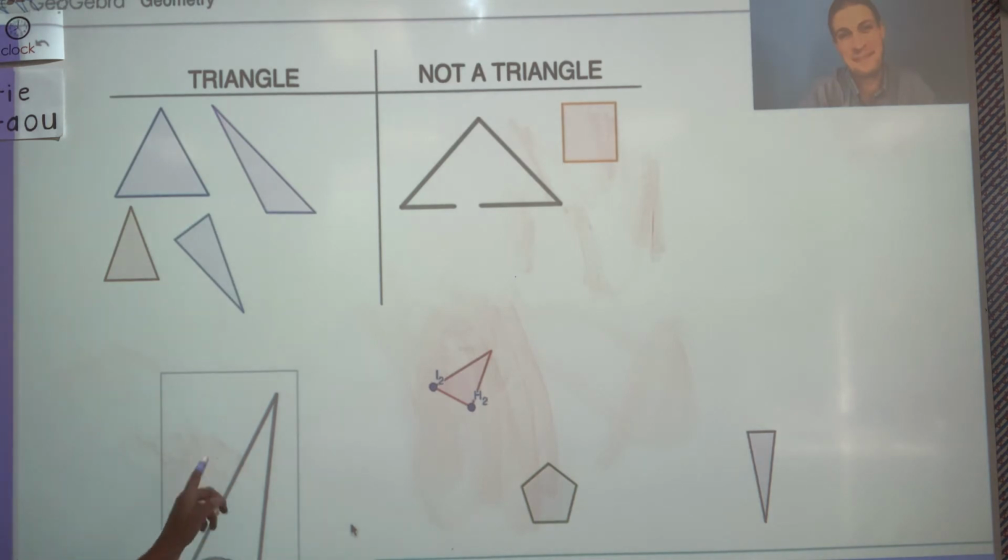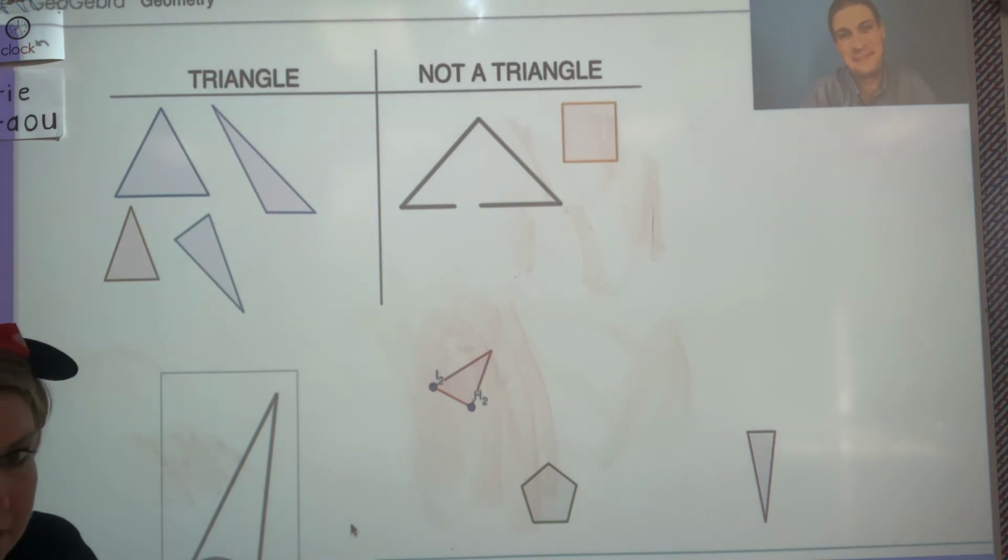Elliot, is this a triangle? I just want you to answer. Is this a triangle? Yes. Okay. Well, it's got 3 corners and it's got 3 sides. So it must be a triangle, huh? Let's listen and see what Mr. Hammer says.